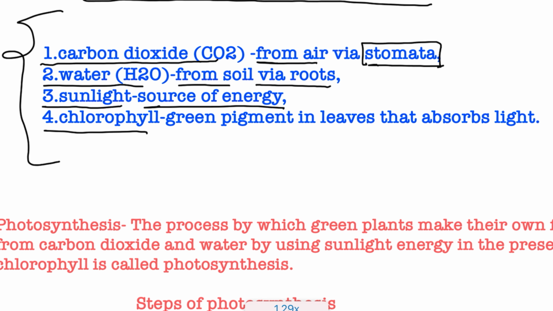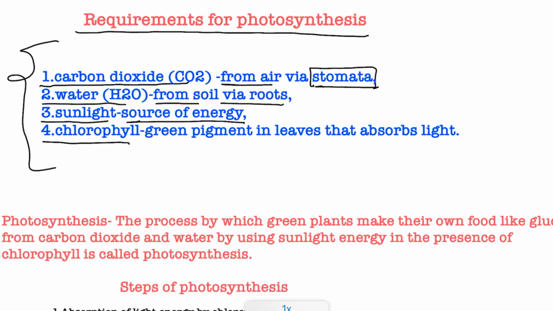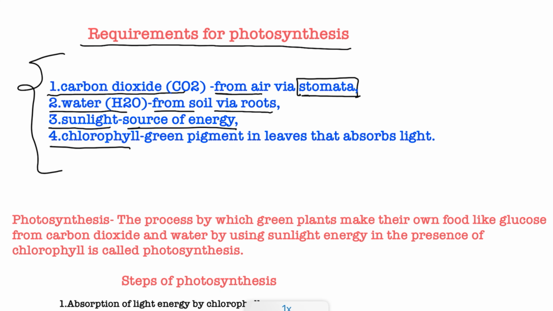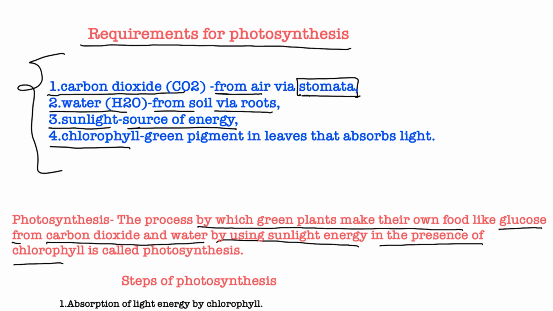Now let's define the term photosynthesis. So photosynthesis is the process by which green plants make their own food like glucose from carbon dioxide and water by using sunlight energy in the presence of chlorophyll. So this process is called photosynthesis.